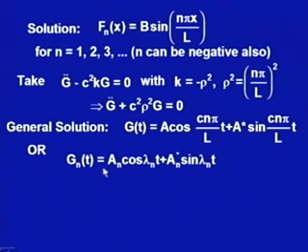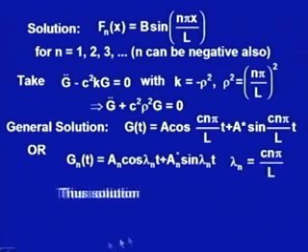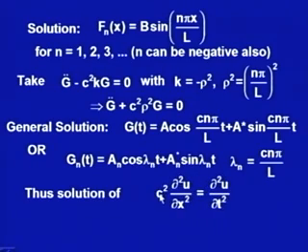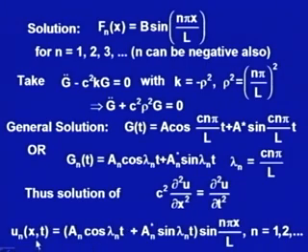So, we are writing g n t as a n cos lambda n t plus a n star sin lambda n t, where lambda n I am writing as c n pi over L. So, the solution we have got of our partial differential equation c square del 2 u over del x 2 equal to del 2 u over del t 2 is u n x t as a n cos lambda n t plus a n star sin lambda n t times sin n pi x over L. Here I have taken b as 1, some constant, let us say.